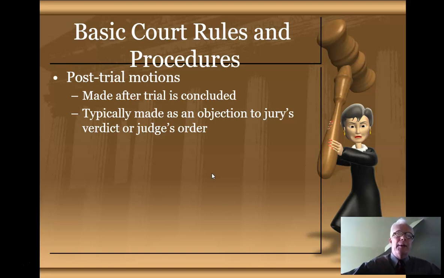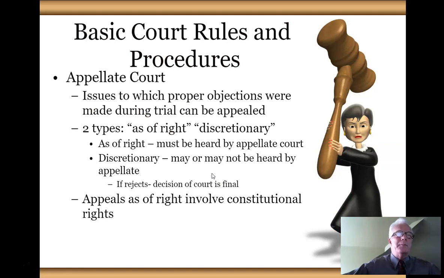So in our system you always get one appeal. We have a 3-tiered system at both the federal and state level. Your first appeal goes to the Wisconsin Court of Appeals, and then your next appeal would go to the Wisconsin Supreme Court.